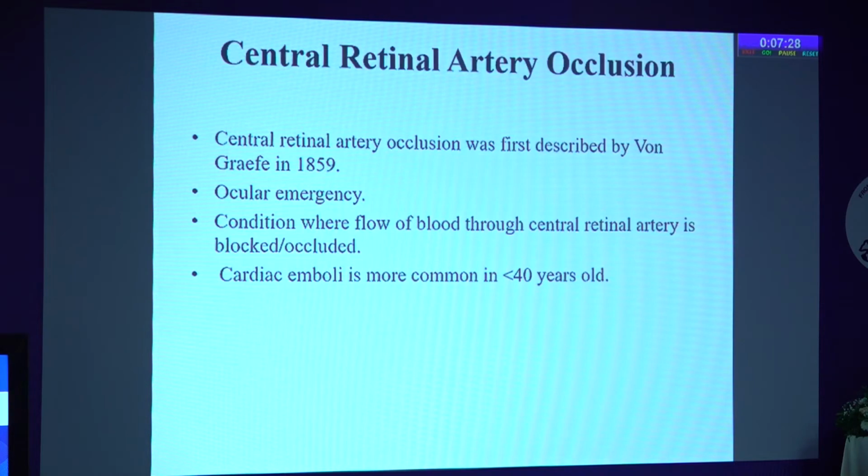It was first described by von Graefe in 1859. It is really an ocular emergency, a condition where the flow of blood through the central retinal artery is blocked or occluded. Cardiac emboli are more common in those less than 40 years of age, so a patient with early age CRAO must go for cardiac evaluation.